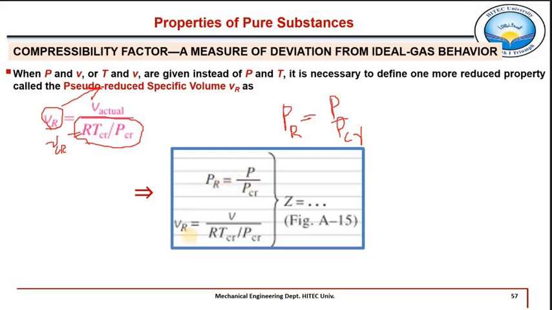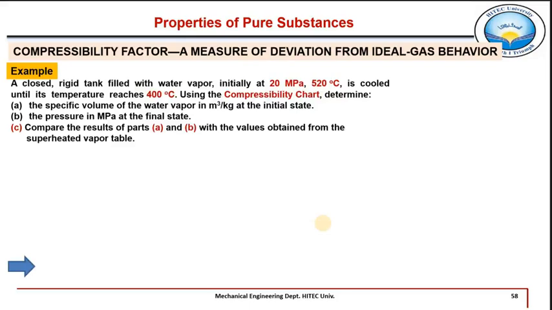So now if PR is given and VR is given, we can calculate Z using the same figure. TR is not given, and TR may be unknown. Okay, so now we shall solve another problem where we will use VR also.